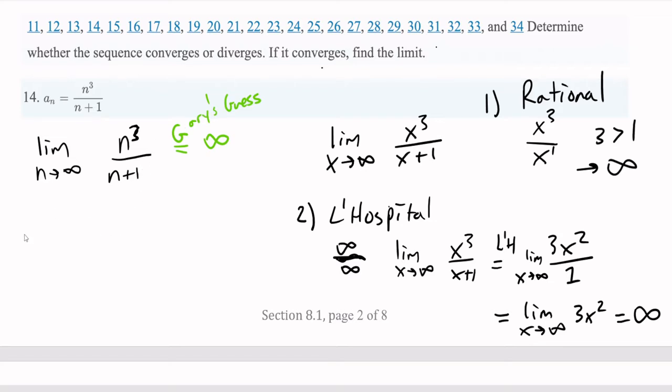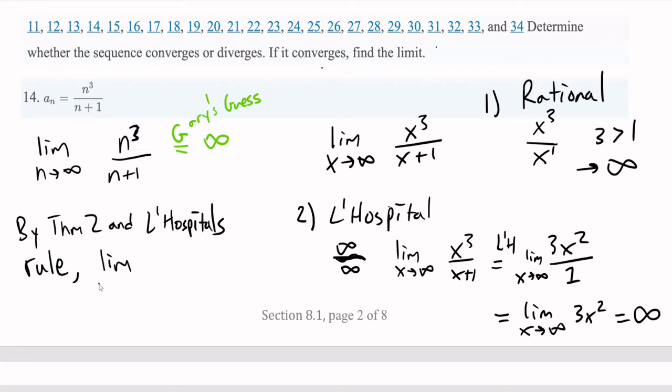And so by theorem 2 and L'Hopital's rule, what do we know? The limit as n goes to infinity of n cubed over n plus 1 is infinity.